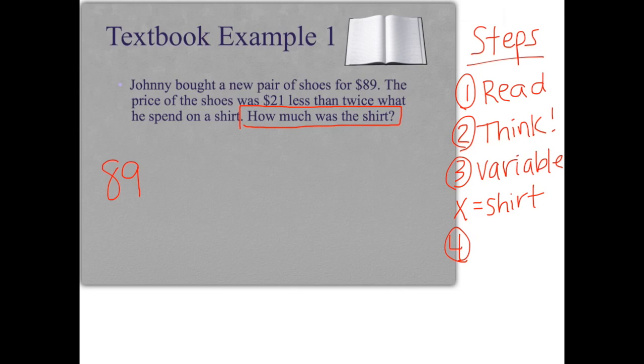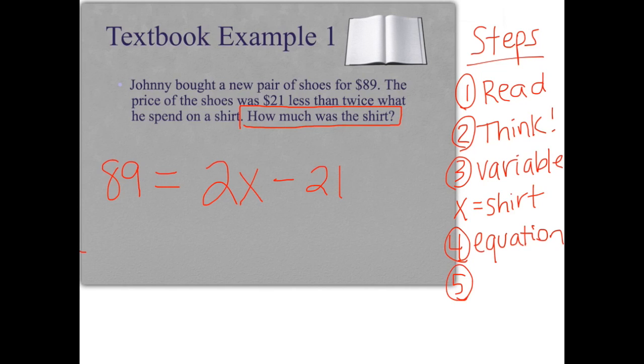So we know that the shoes equaled 21 less than twice the shirt. Well, twice is 2, so twice the shirt. And then there's $21 less than that. So less than is subtraction. So we're going to subtract 21. So his shoes for $89 was equal to $21 less than twice the shirt. Okay, I did not write the word equation over here. So that is the equation.